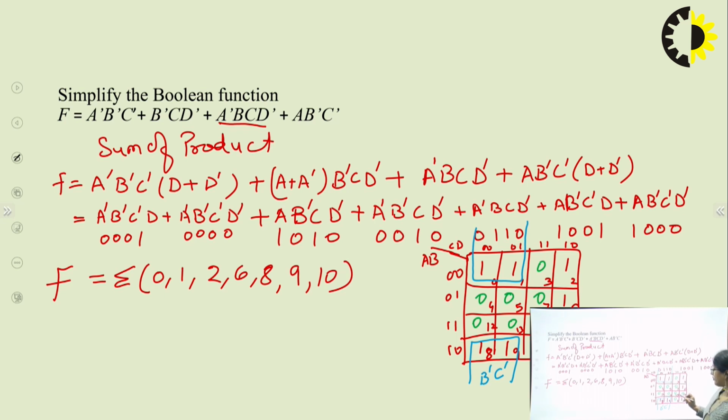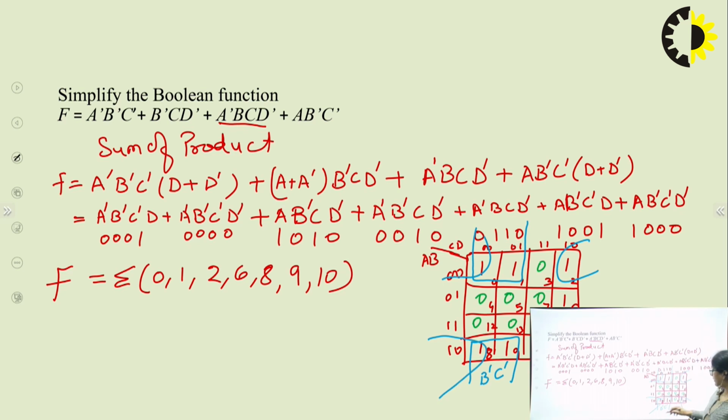Now we have to make a pair of ones. So we find that there is a one here at 10. Then we are having ones at 2 and 6. So if we fold it something like this, these four are making one quad.